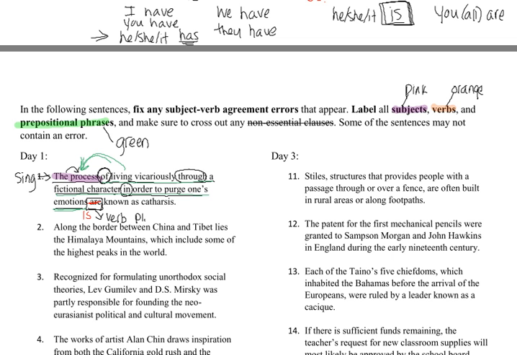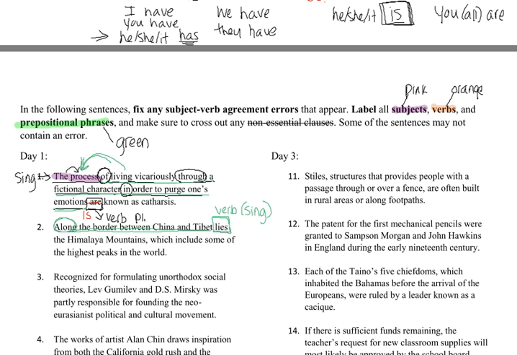Number 2, along the border between China and Tibet lies the Himalaya mountains. The very first word is a preposition, along the border between China and Tibet. This is giving us more information about something. The verb is lies. That's a verb, and it has that S, so it's a singular verb, because verbs with S's are singular.